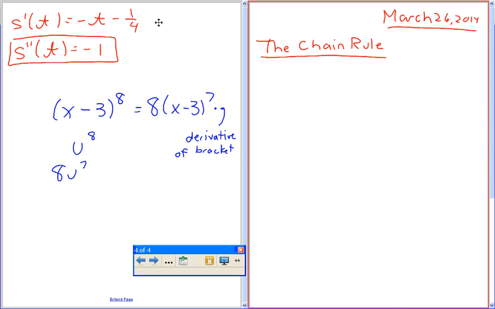Let's get on to the chain rule. The chain rule is one of the most important, fundamental derivatives.